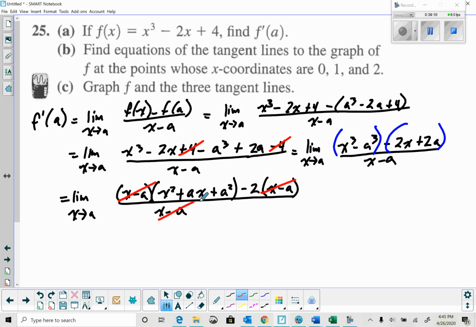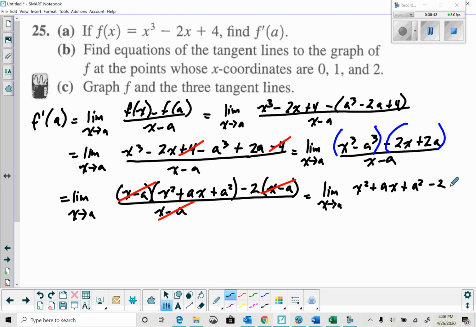Now again, we solved this. Can I just skip writing some of that out? So this is the limit as x approaches a of x squared plus ax plus a squared minus 2. No more denominator, no more chance of dividing by 0.